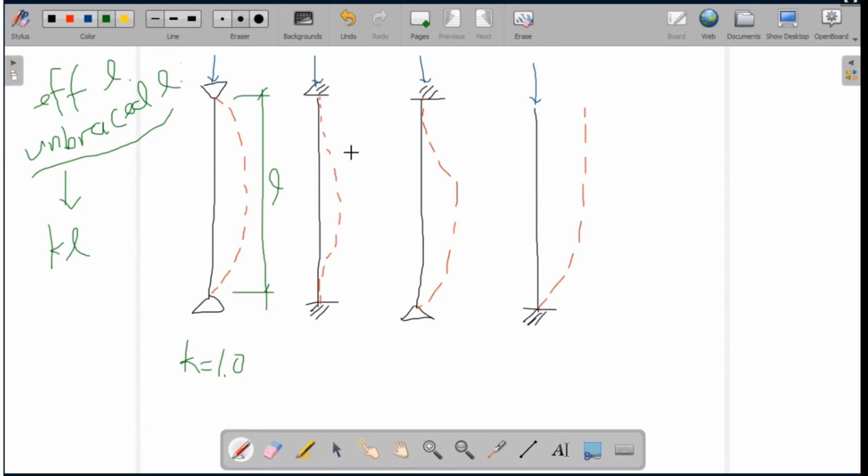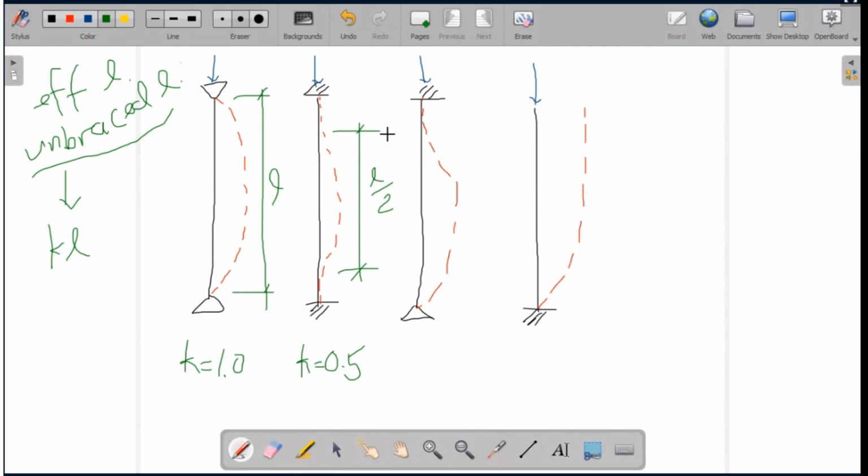For fixed, it is derived that the effective length of the column in fixed condition is just half of the length. It was mathematically derived that the effective length of a fixed column is just half of the length of the column. So the effective length factor for this particular column is 0.5.